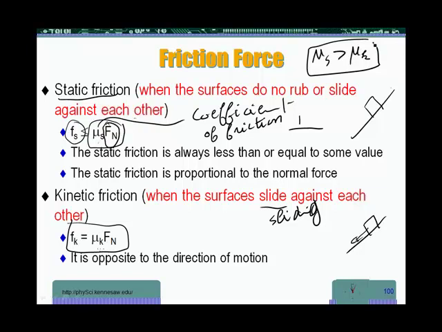Now, what does mu s mean? What does the coefficient of friction mean? It is a quantity that is determined empirically, that's determined by people performing experiments on the surfaces. We cannot calculate it, we cannot predict it very easily. The physics is very complicated to try to predict the value for that. But mu is a quantity that's going to depend on both surfaces.